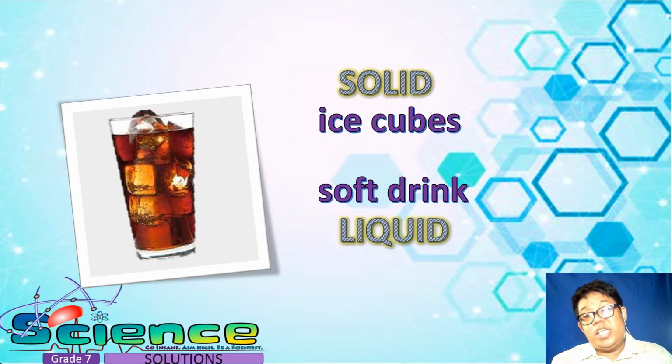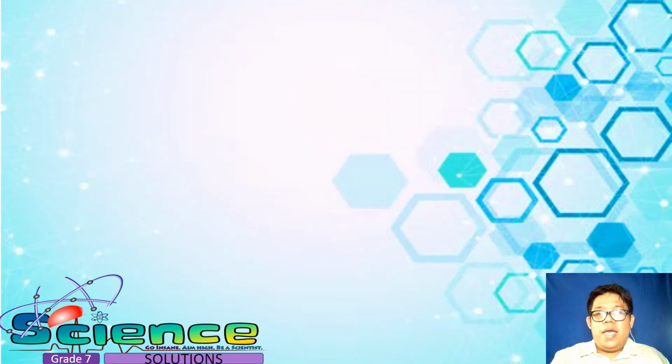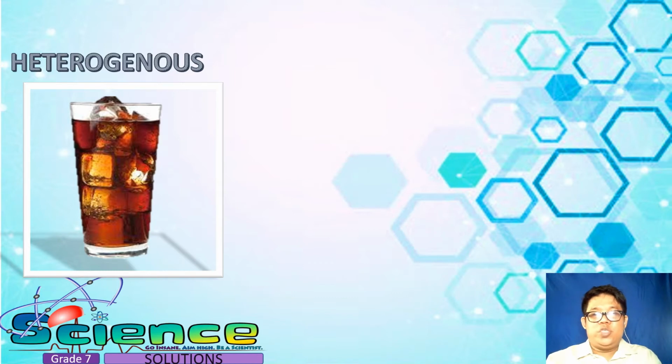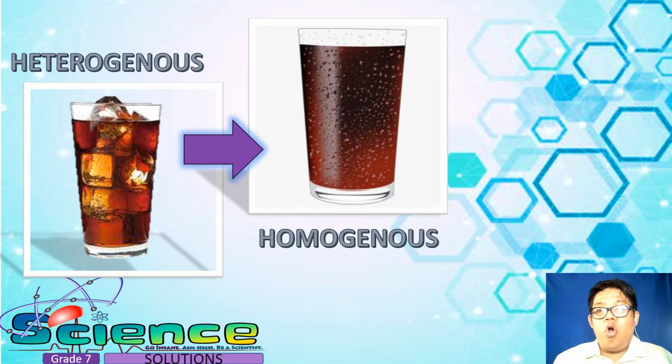So it is considered to be a heterogeneous mixture. And when the ice melts, it will be evenly distributed and it will become one phase, and now it is considered to be a homogeneous mixture.